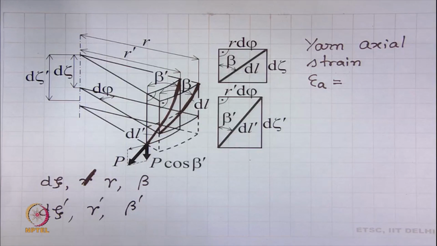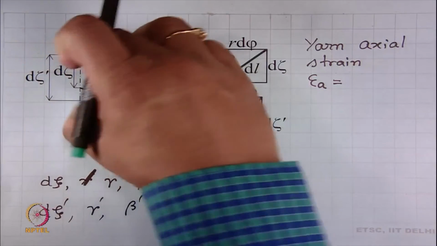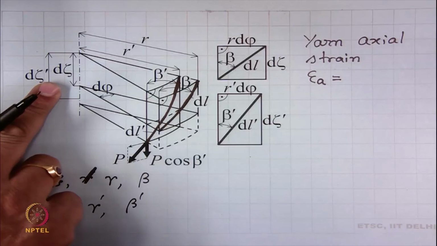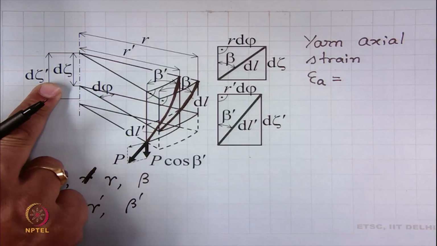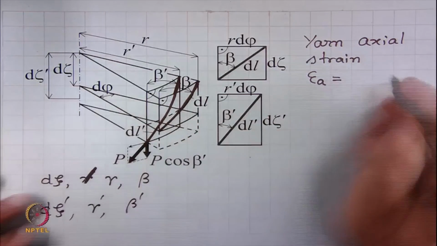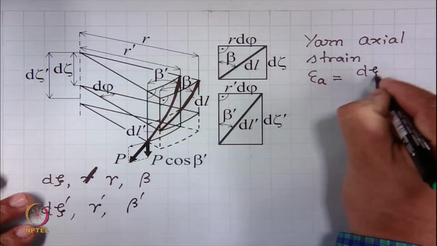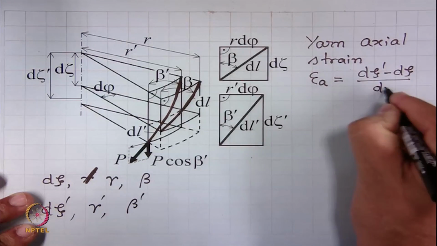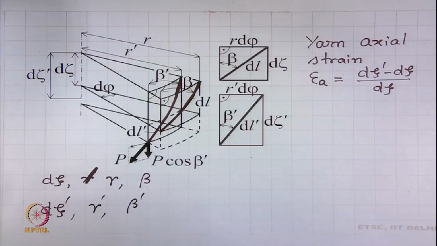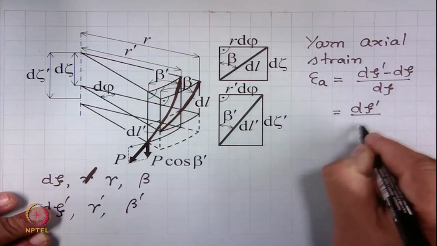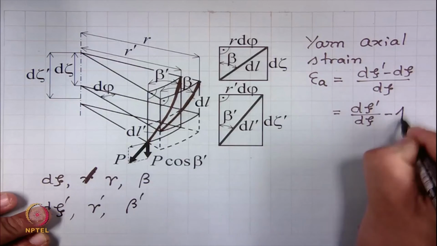So, what is the change in the axial distance? d zeta prime minus d zeta is the change in the axial distance divided by original distance d zeta. So, d zeta prime minus d zeta by d zeta is equal to epsilon a.